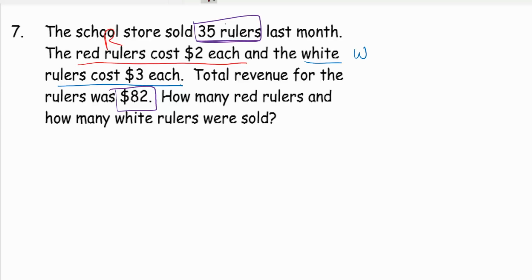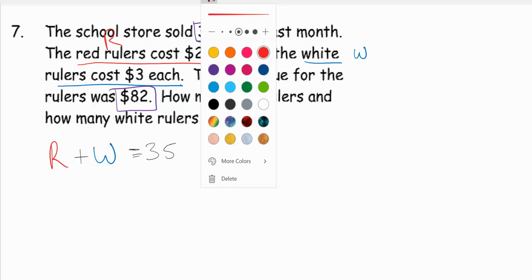So that means we've got R plus W, and that equals, how many rulers did we sell? We sold 35 rulers. So that's an equation. And then we have another equation. How much was the red ruler?